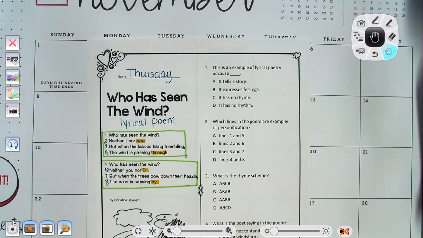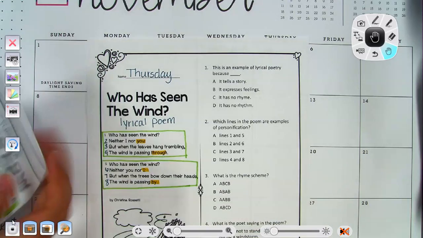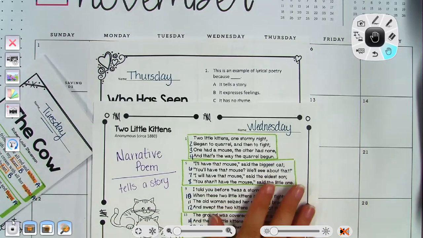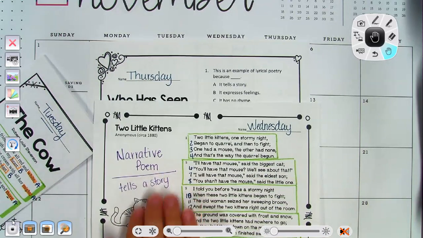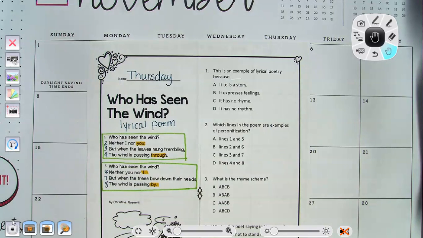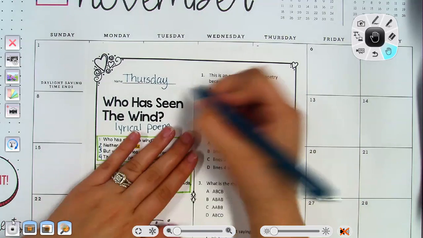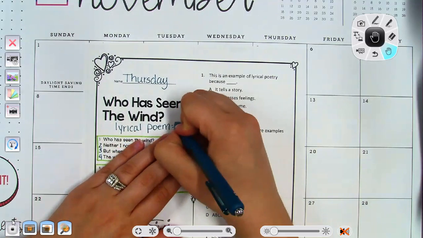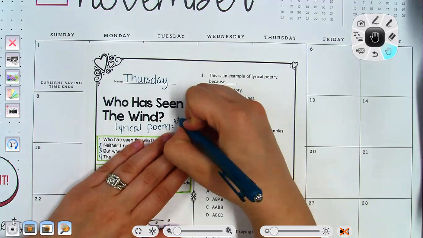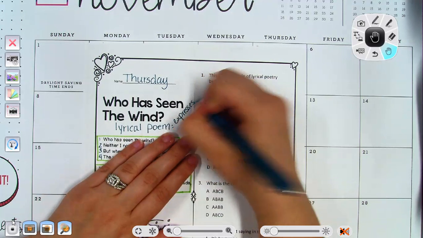Yesterday we read the poem Two Little Cats, and we said that was a narrative poem, a poem that tells a story. So a lyrical poem expresses feeling.